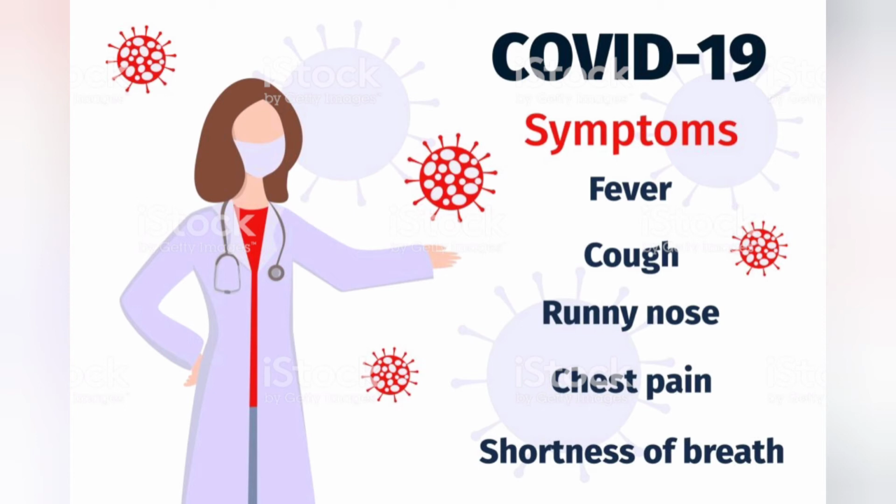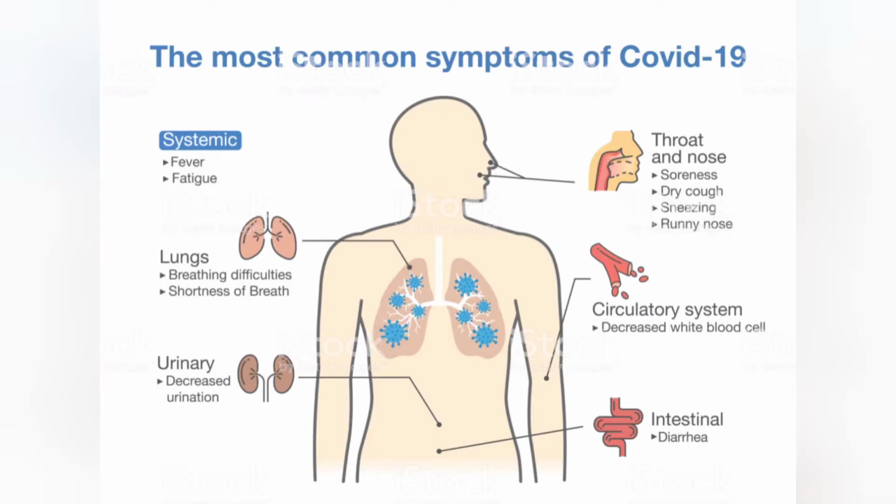It could be a combination of these symptoms, fever and cough being one or few of the peculiar ones. Also, other symptoms include nose blockage, diarrhea, cough with heavy sputum or mucus, also nausea and vomiting.